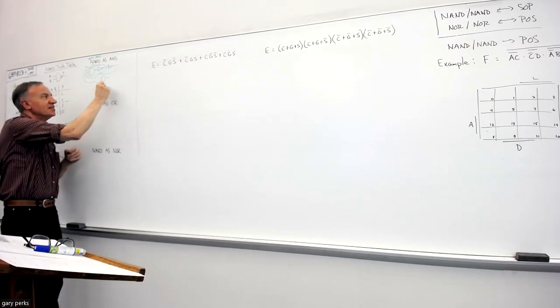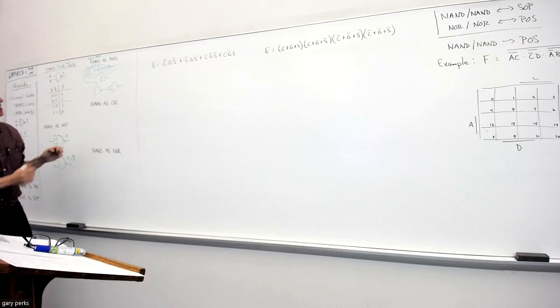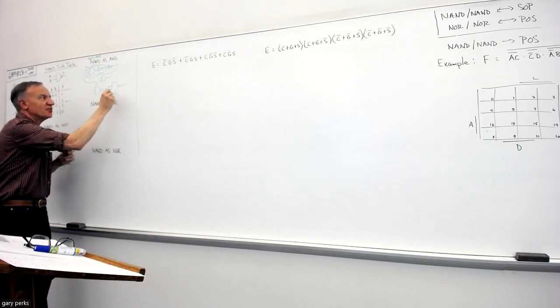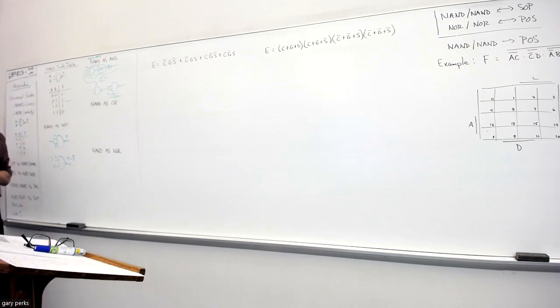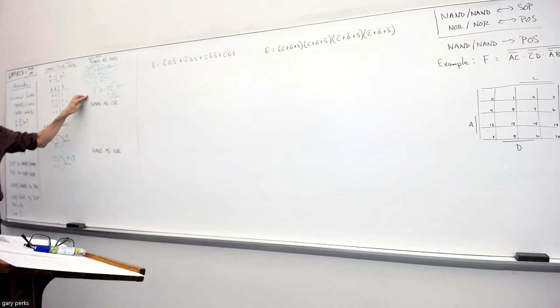So I could just put another NAND with the inputs connected together, because this acts like an inverter. So to make an AND from NANDs, you need two NAND gates. You take a NAND gate and put another NAND gate connected as an inverter at its output. Okay, does that make sense?